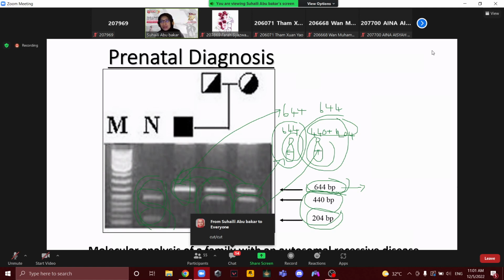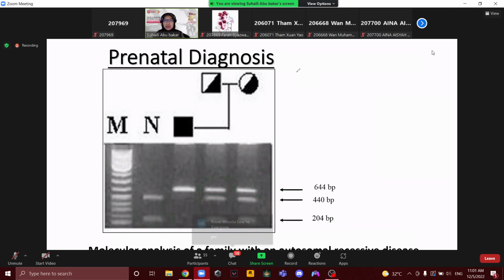So three genotypes. First genotype uncut. Hetero uncut versus cut. Okay? So this is uncut. One of the haplotypes, homologous chromosome, uncut. This one shows one of the haplotypes cut. Is it clear? Understand now?